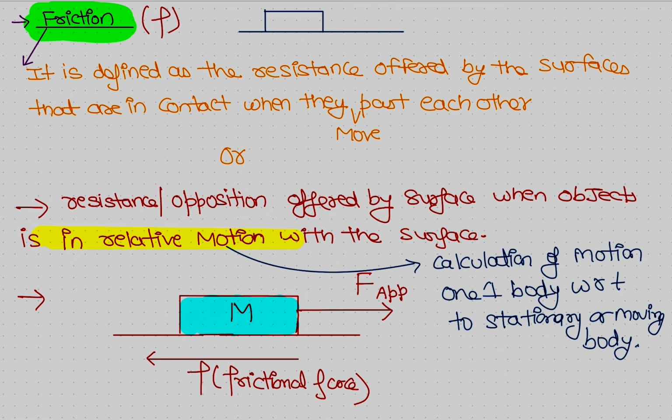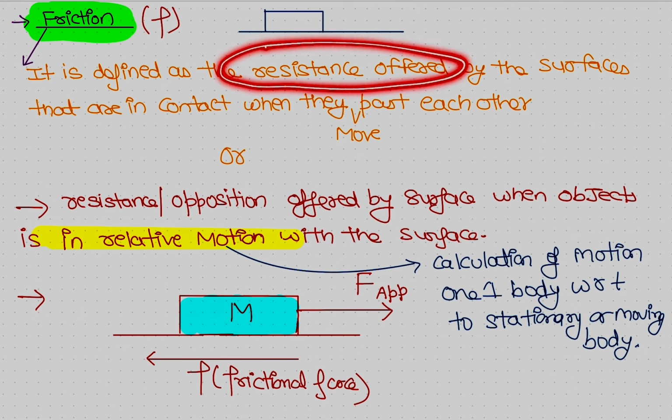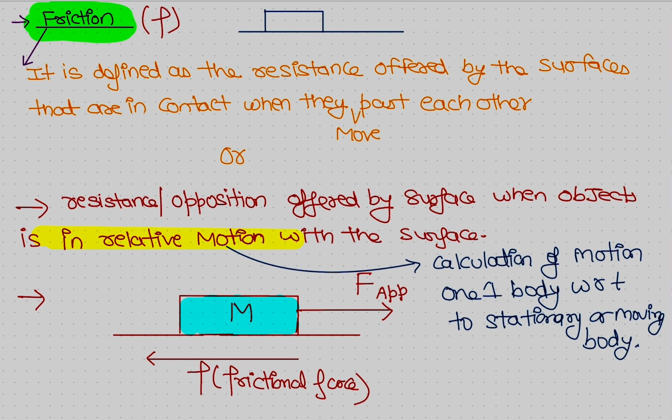As I already mentioned earlier, friction is a resistance. So resistance means it always acts in the opposite direction to the force. Let us take in this case the applied force is towards right, while the friction acting on the block is towards left, right? So both are in opposite directions.